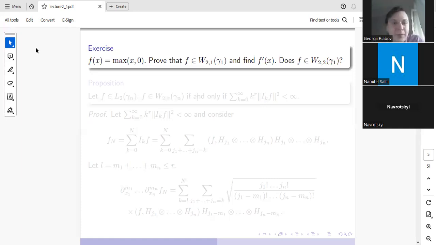So you may ask why complicate things. It turns out that Sobolev spaces contain not only differentiable functions. For example, as an exercise, you can check that the function maximum of x and 0 belongs to the Sobolev space W_2^1 with respect to the standard Gaussian measure on the real line.